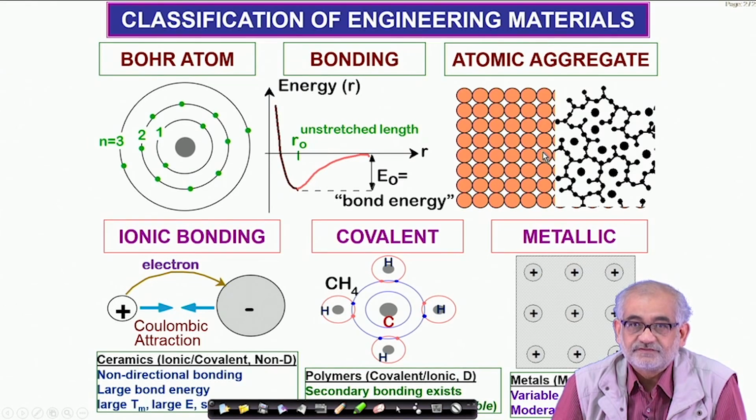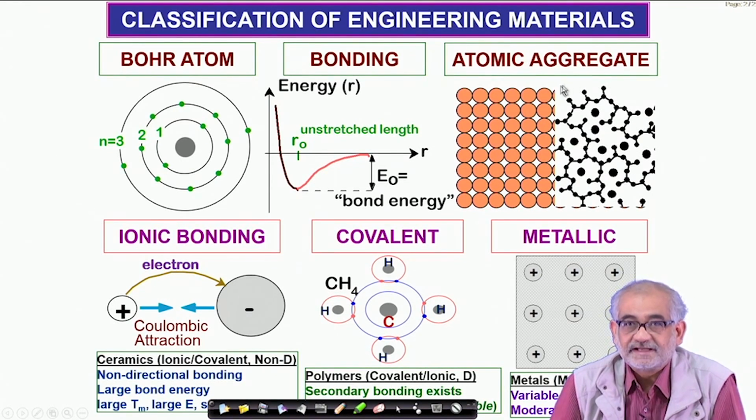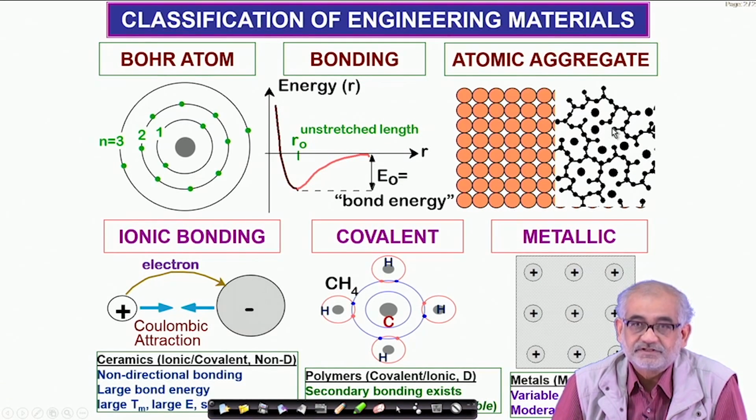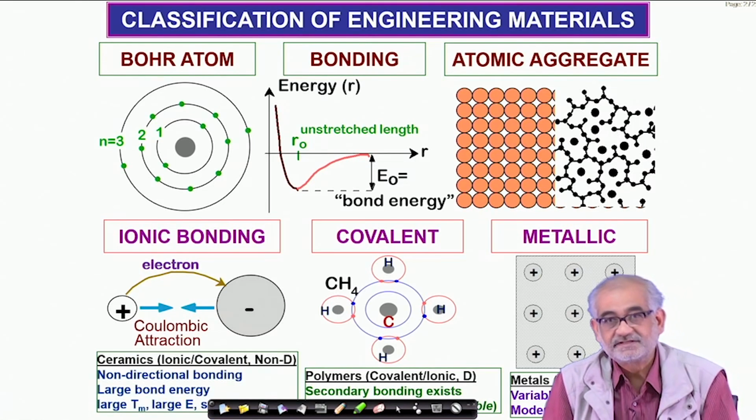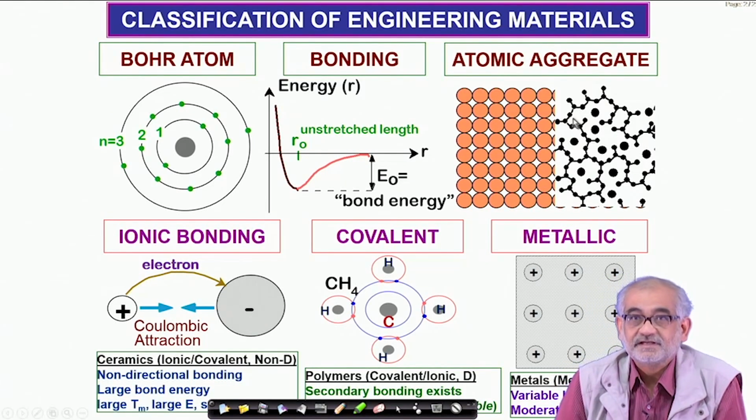And when we talk of aggregates of atoms or molecules or ions, they can manifest themselves in two possible ways. One is this three-dimensional periodic aggregate, which we call crystalline. And the other possibility is when they don't maintain three-dimensional periodicity, we call them non-crystalline or amorphous, and a subset of that is called glassy materials.